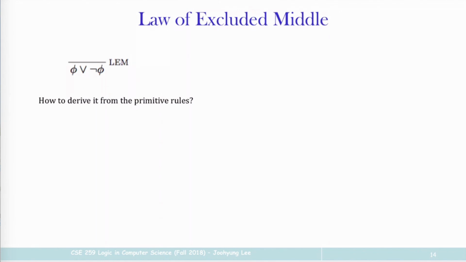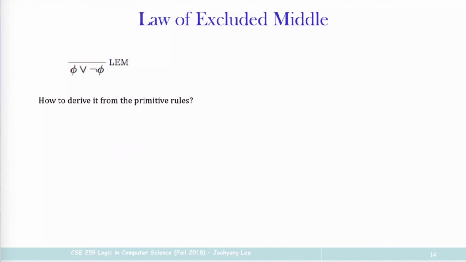Now, one of the rules is called the law of excluded middle, and this is another interesting rule. It doesn't need any premise. You can just write the formula phi or not phi. Again, this is a magic rule. Okay. In any line of the proof, you can always write this.